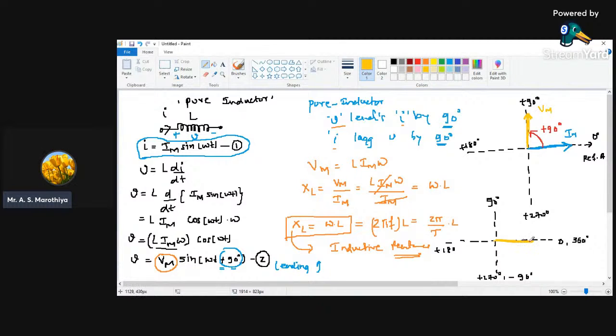So this is the voltage phasor, that is nothing but Vm. And I told you that with respect to this, current is going to lag by an angle of 90 degree. So lagging means we need to indicate that in clockwise sense. So minus 90 is going to be there. So somewhere over here we are going to have the phasor for current.